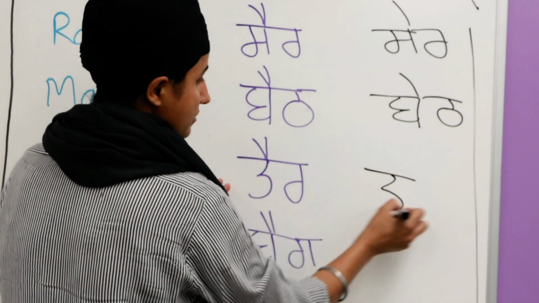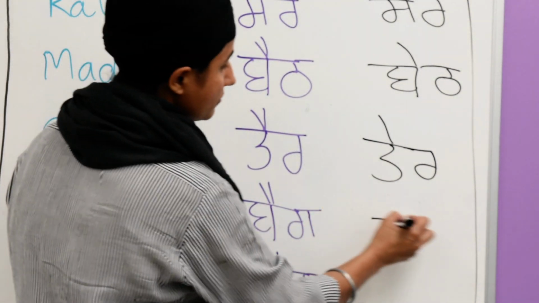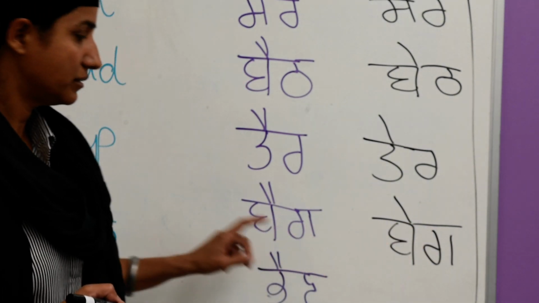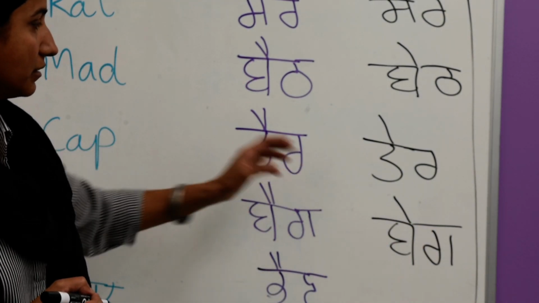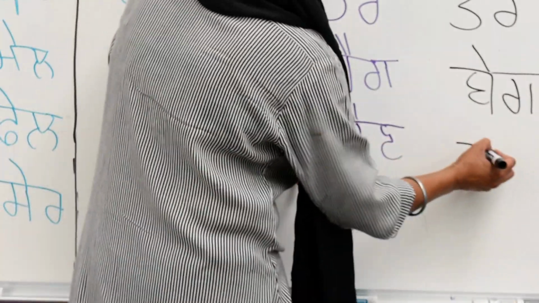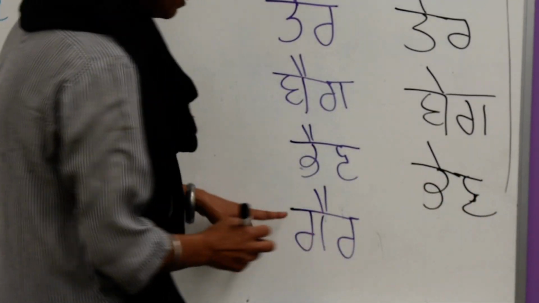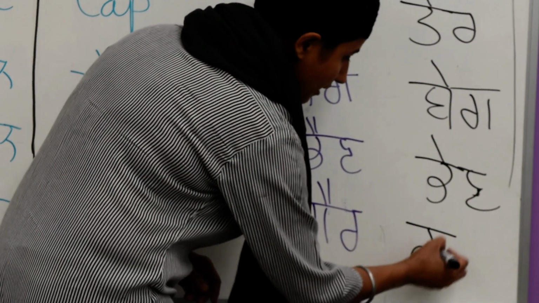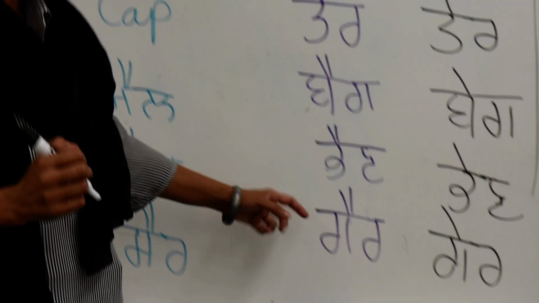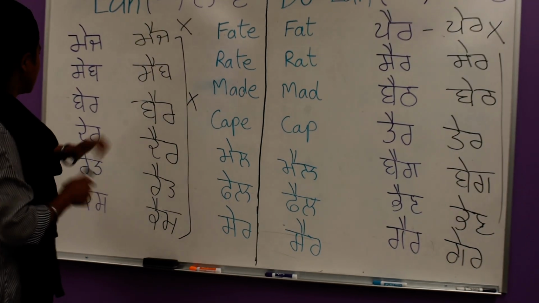Tar, ter, bag. With lam, what will it be? Bag. This is bag, bag. Ter, tar. This is pain. With the lam it will be pain. Gar, with the lam will be gear. So gear, gar. So this is all the comparison.